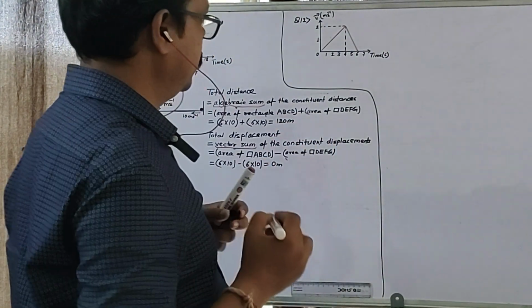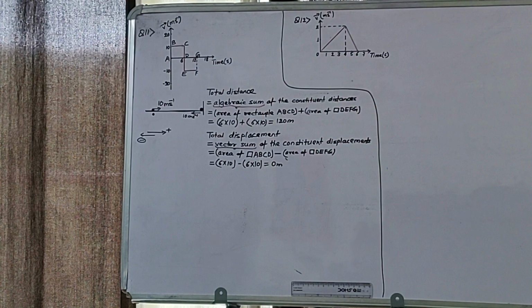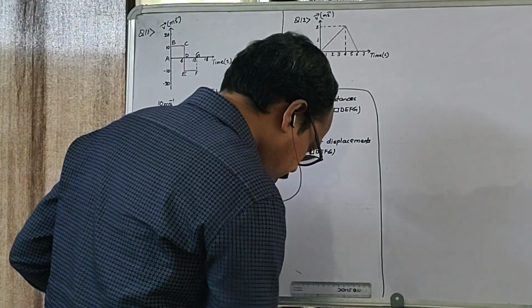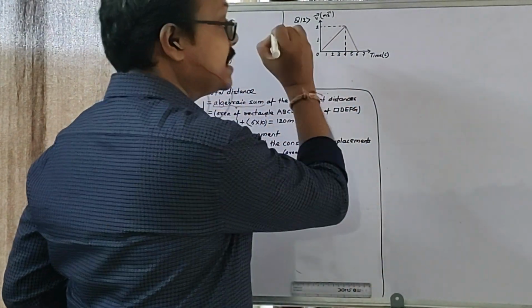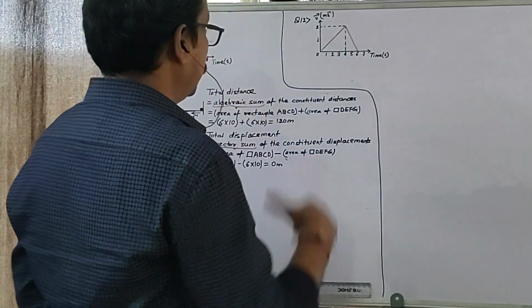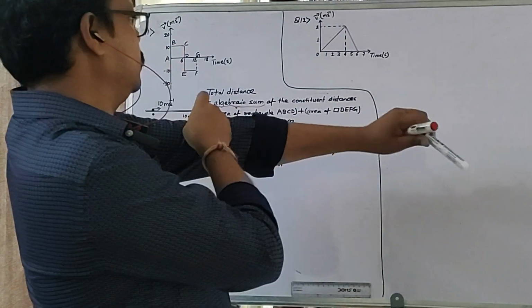I'll go and explain it this way. Just a moment, please. It is already mentioned in the problem statement. Problem number 12: state the nature of motion of the particle.